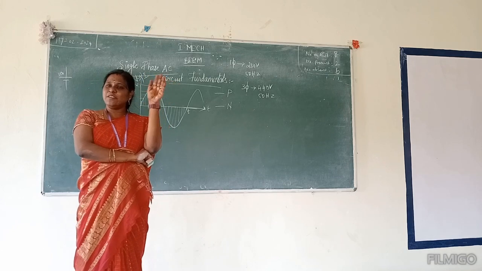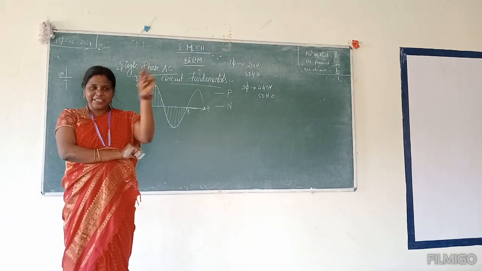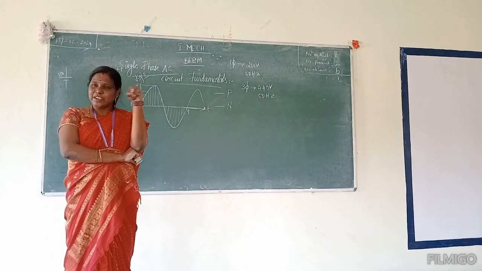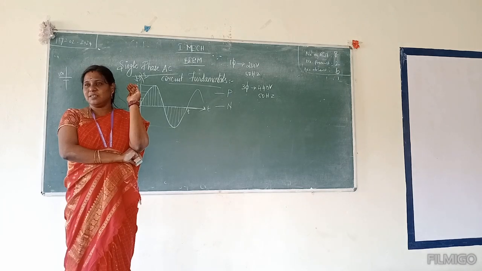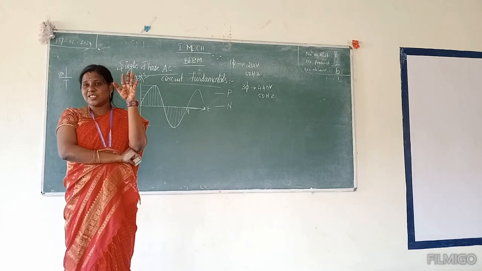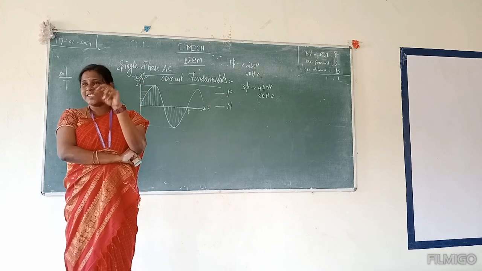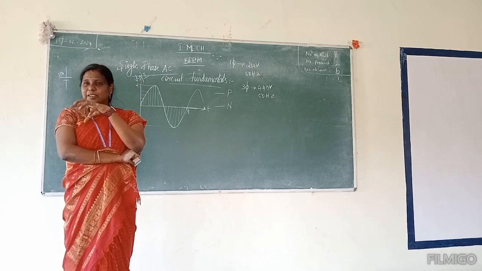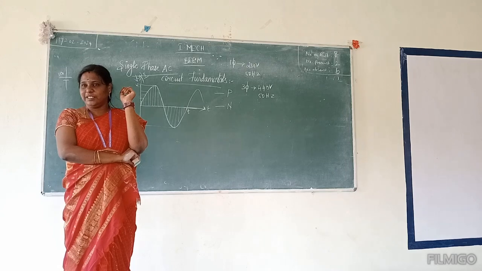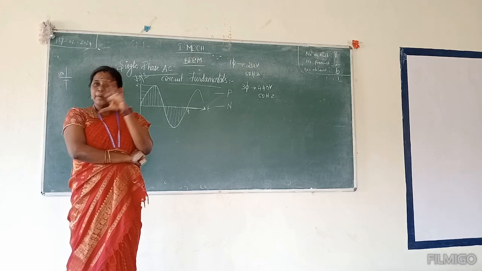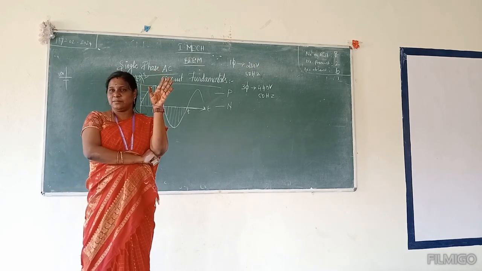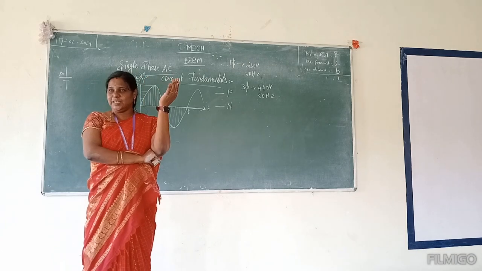So they distribute the load across three phases. They take three lines and distribute the loads: the heater will be connected to one load, two ACs to another, and the motor to another. So your load will be distributed, and it can handle the load easily.